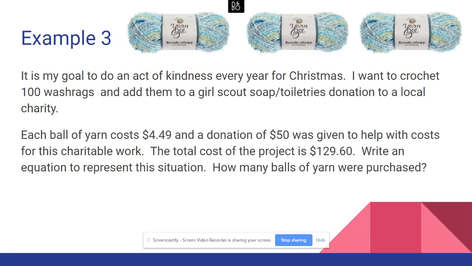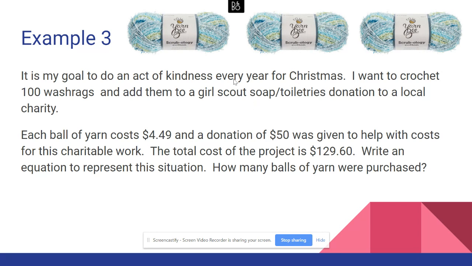All right, example 3. I like to do an act of kindness every year for Christmas. And so I wanted to crochet, because that's something I think I'm good at, right? I wanted to crochet 100 wash rags and add them to a Girl Scout soap and toiletry donation to a local charity.